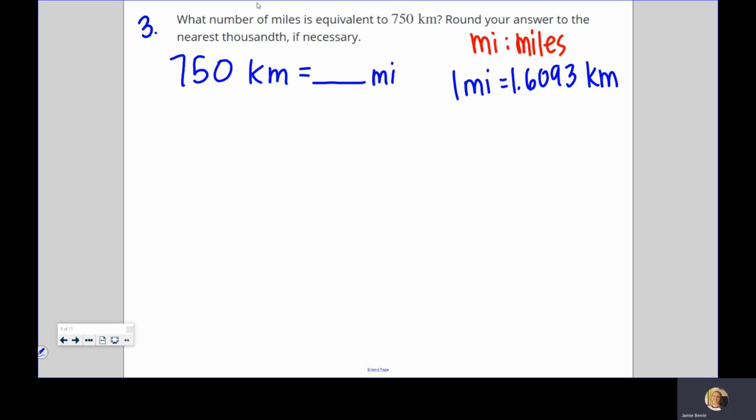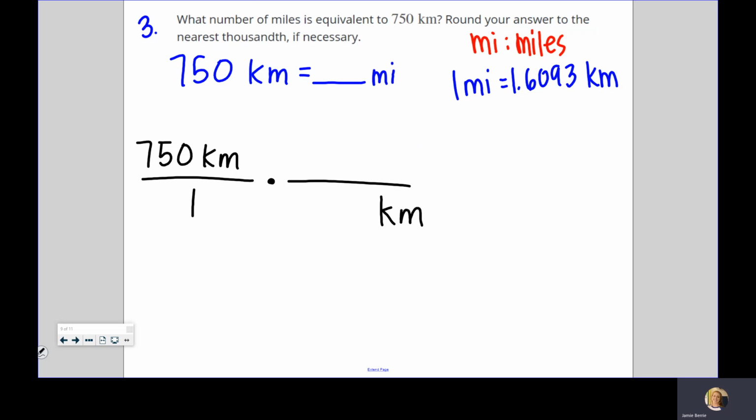All right, so we're going to start with what we know, which is 750 kilometers over 1. We want to cancel out kilometers, so when we multiply by our unit fraction, put kilometers in the bottom.